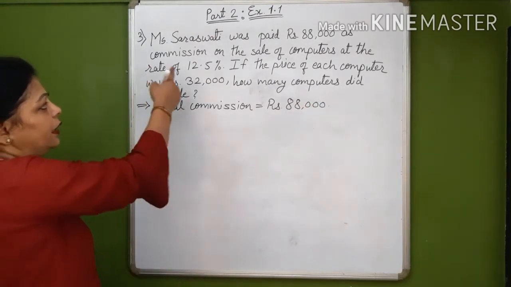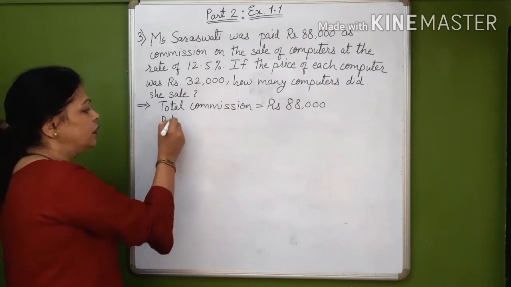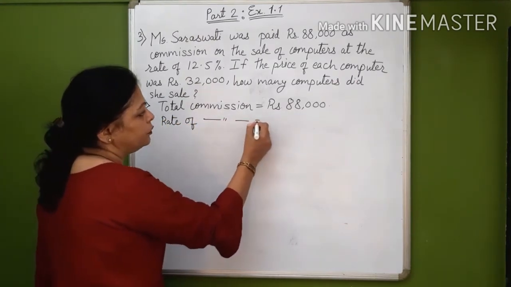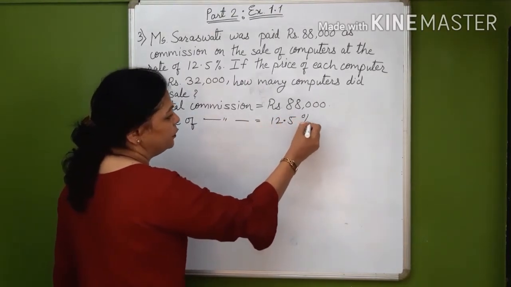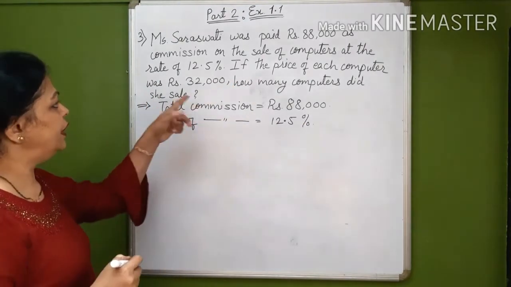Correct? At the rate of 12.5%. That means the rate of commission is 12.5%. Right? Then they have given the price of each computer.